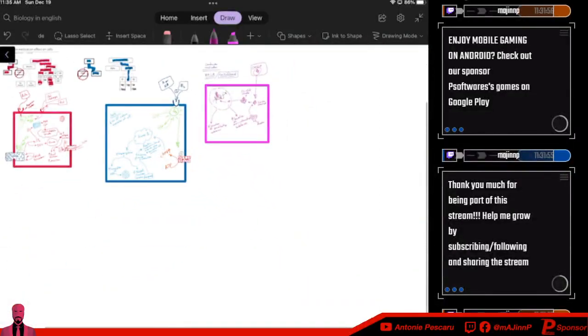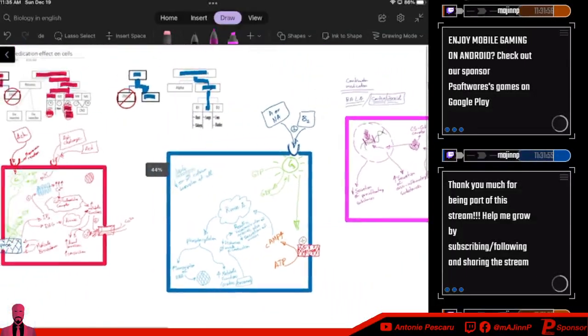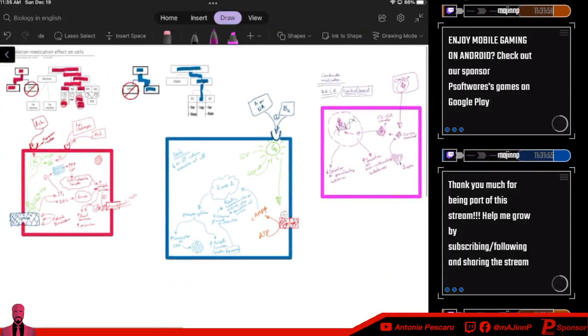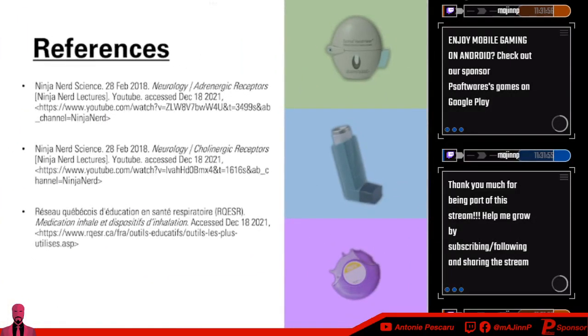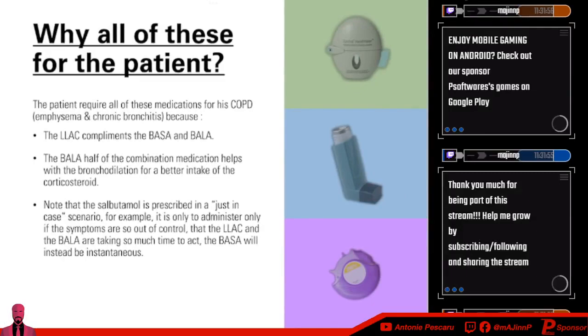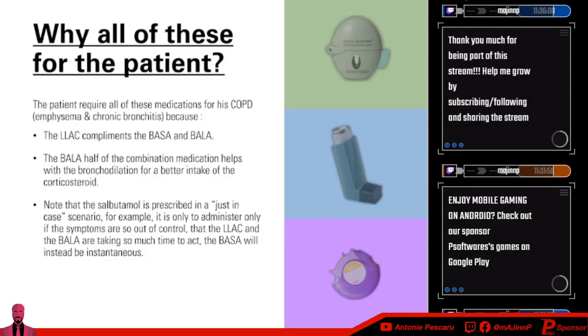All right, we finally were able to explain the intracellular function of each type of medication. So now if we go back to our patient and finally answer his last question: why all of these medications for the patient?